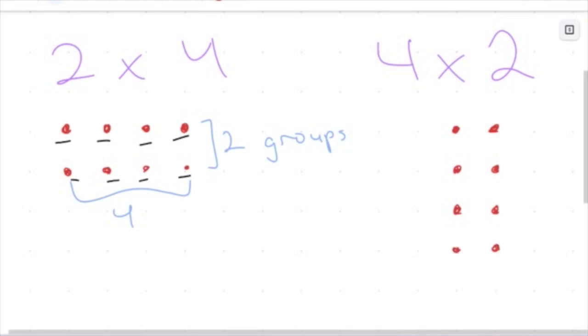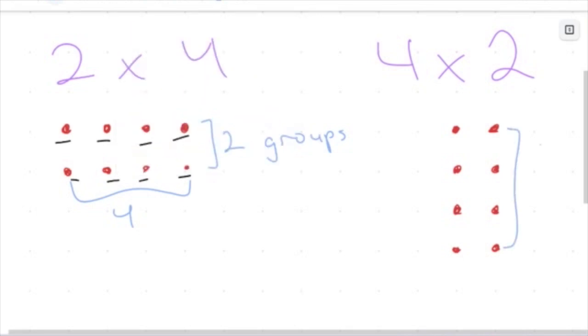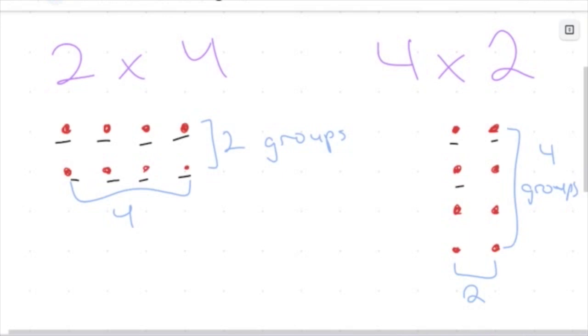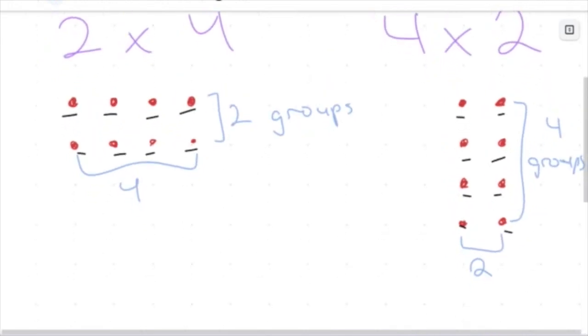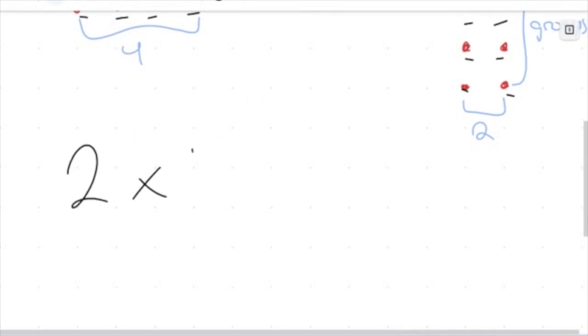So I have 4 groups of 2. And if I count these again, I get 1, 2, 3, 4, 5, 6, 7, 8. I get 8 in total for both of these. So therefore, I can say 2 times 4 is equal to 4 times 2.